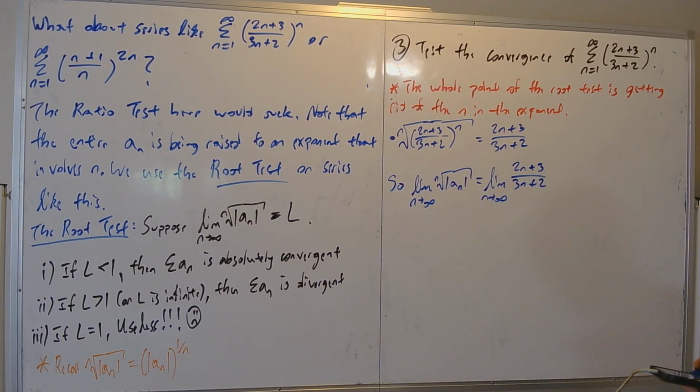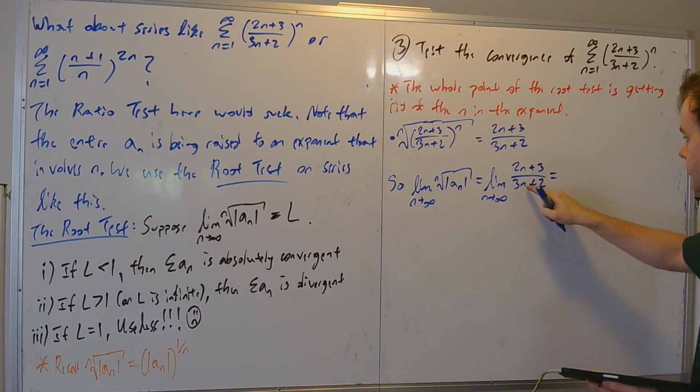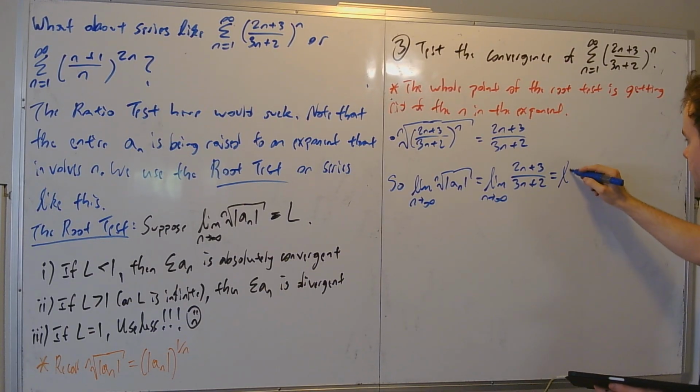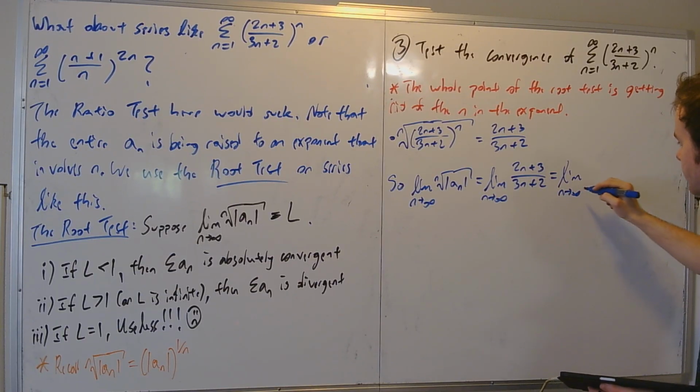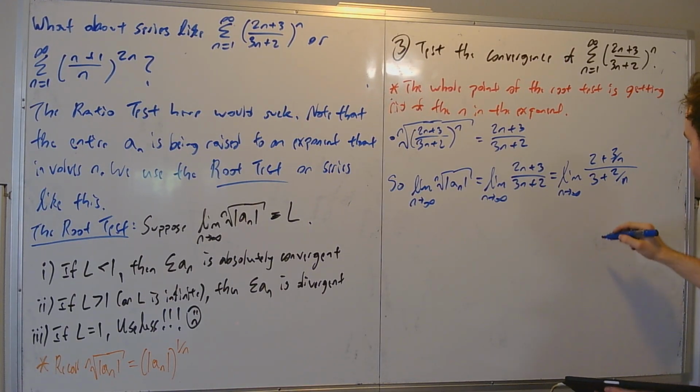Okay. And now, if we take this limit, the way we take these limits is, of course, we divide top and bottom by n, which is the highest power of n in the denominator. So it's the limit as n goes to infinity of (2 plus 3 over n) over (3 plus 2 over n).